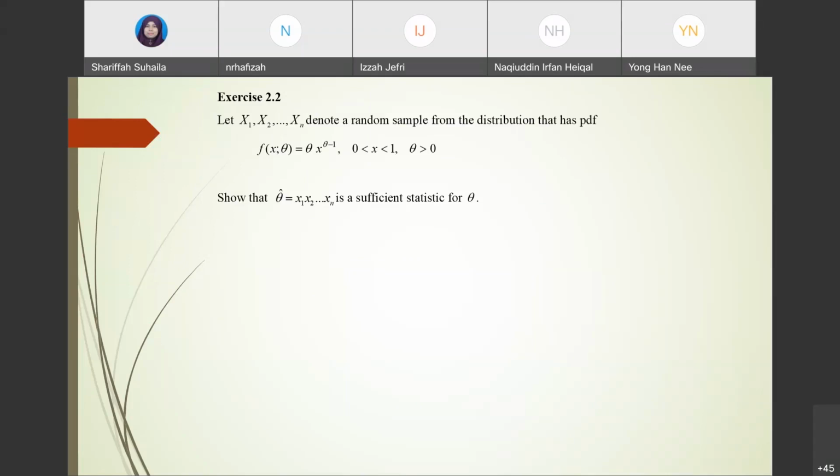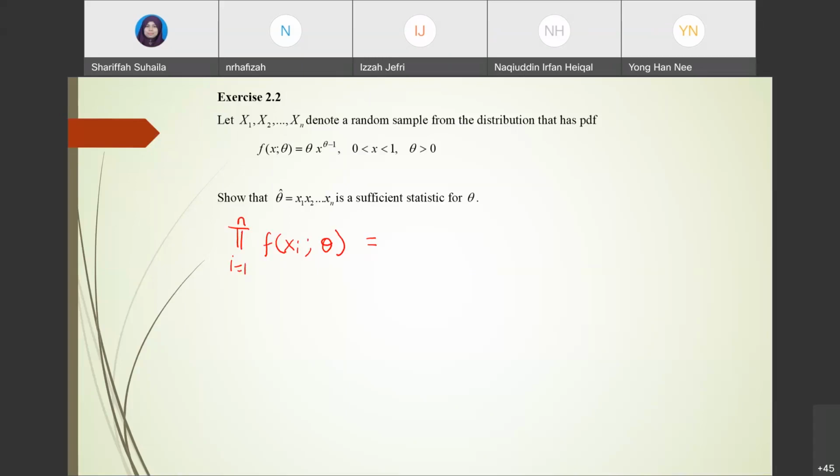In order for you to derive your MLE, kita dah tulis like, dalam bentuk likelihood function lah. Kita ada product f(xi; theta). So it's the same thing. Kita tulis dalam bentuk joint PDF. Okay. So that means you will have product i equals to 1 up to n f(xi; theta). Okay.